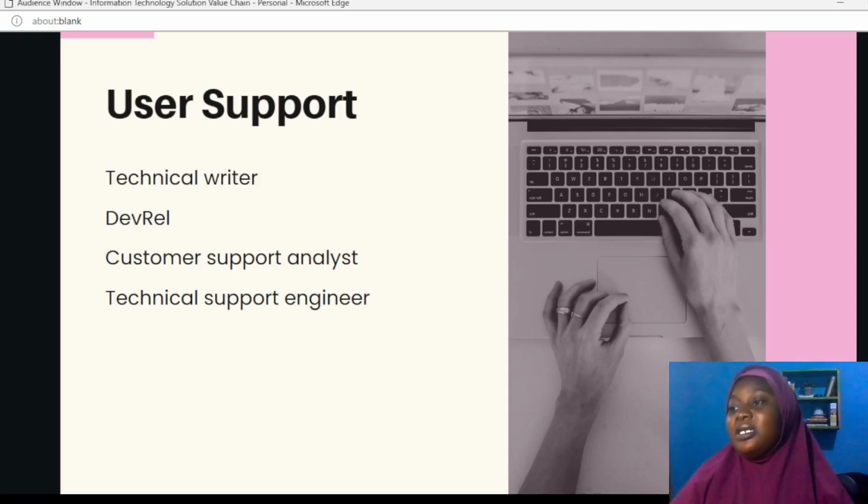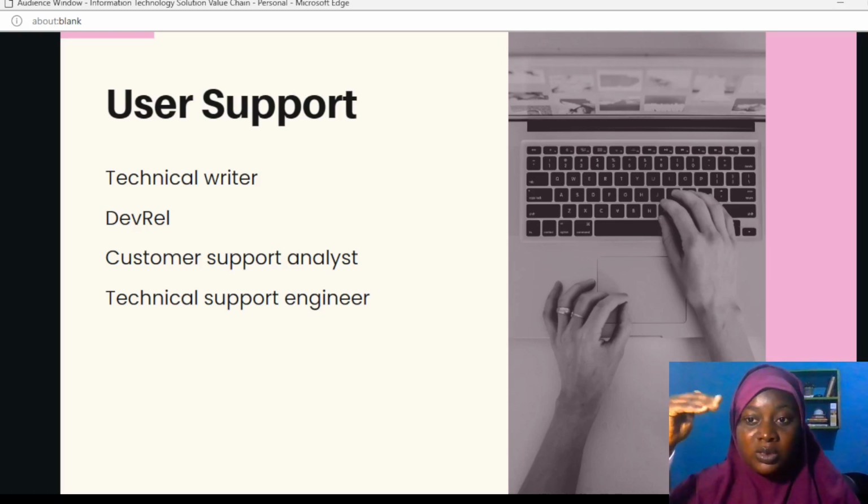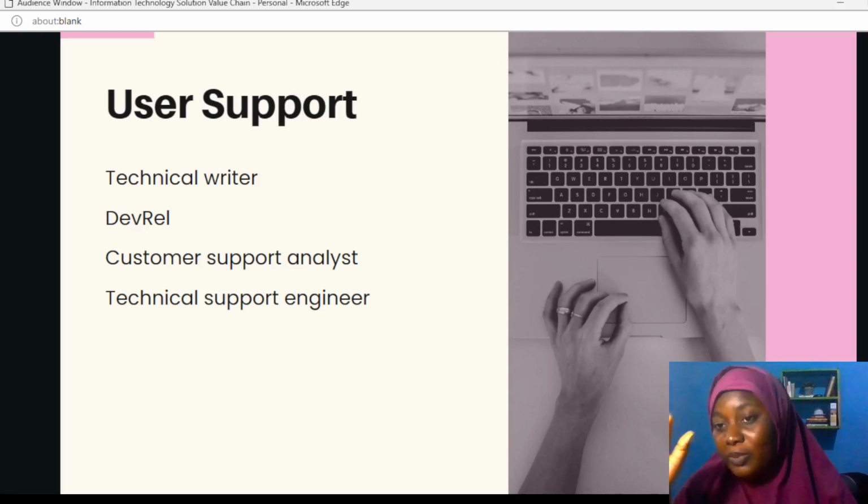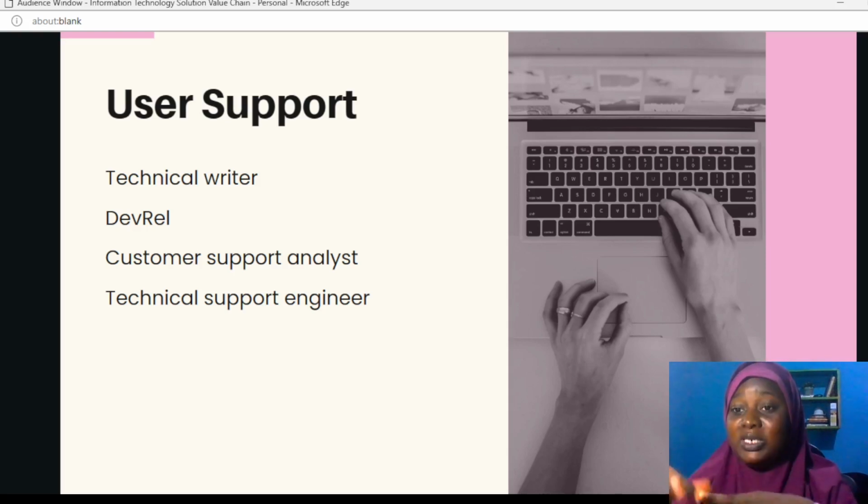We also have technical support engineers. The customer support team solves problems, and they might be able to advise people on simple issues. But there are other times, or even complex issues, where it's not just advice.